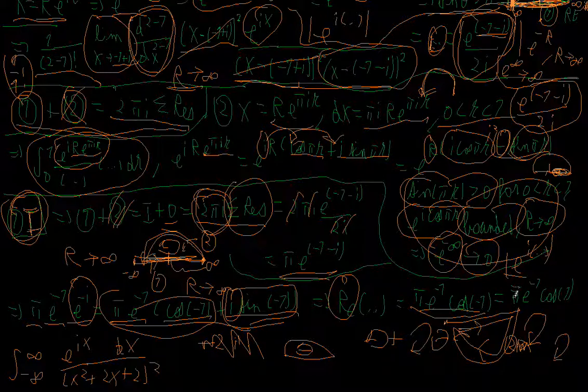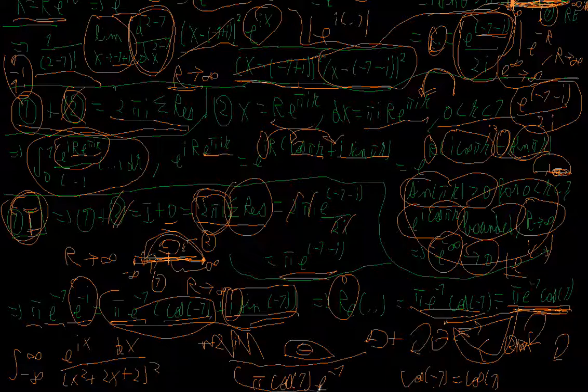And we can see that cosine is even, so cosine of minus 1 is equal to cosine of 1, and so we can write it as pi times e to the minus 1 times cosine of 1. So that would be my final result, okay? My final result is pi times cosine of 1 times e to the minus 1.